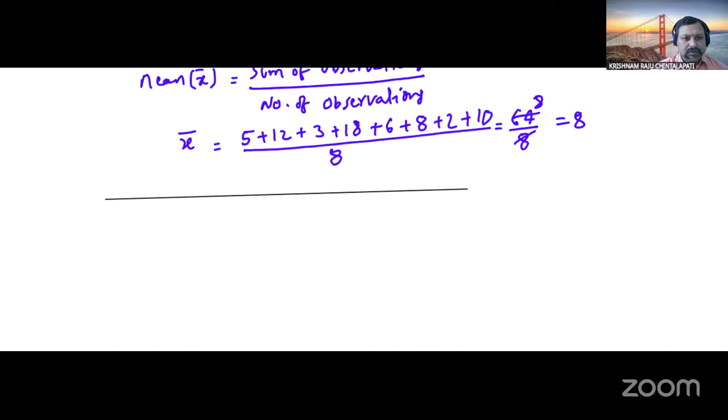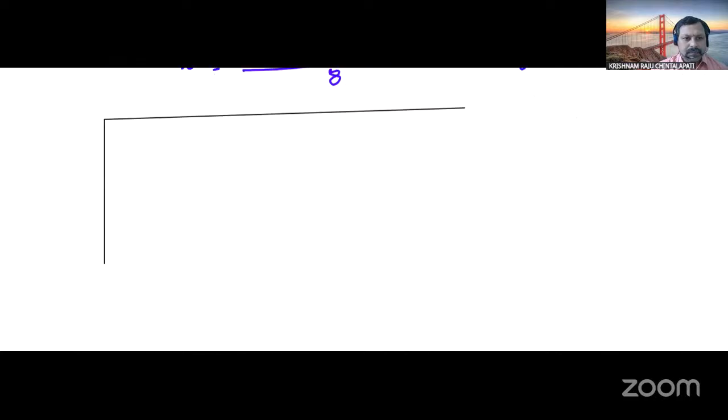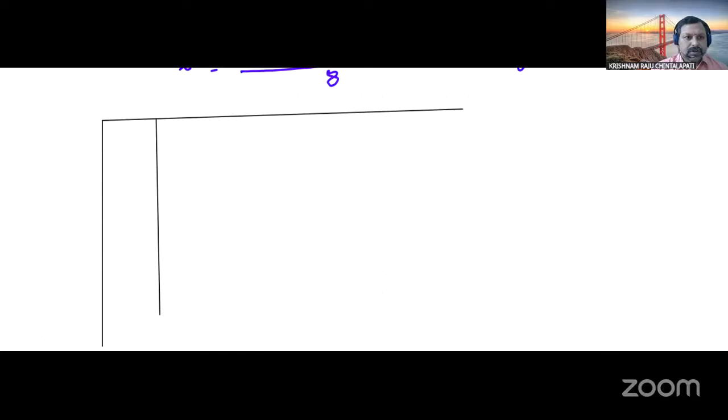Now construct one table. So according to the formula, we want xi minus x bar, right?